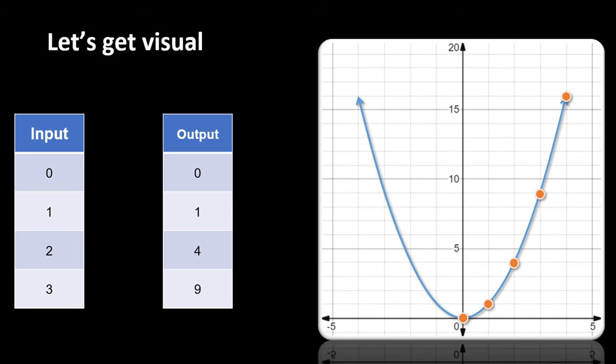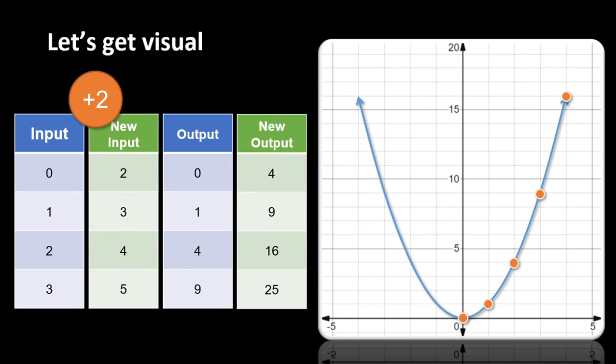Here we have the original function, just the parent function, inputs and outputs shown with the graph. The change that we're making here is that our input is being increased by 2 before it actually goes into the function. So that's going to also change the output. When 0 came in, the output was actually 4.